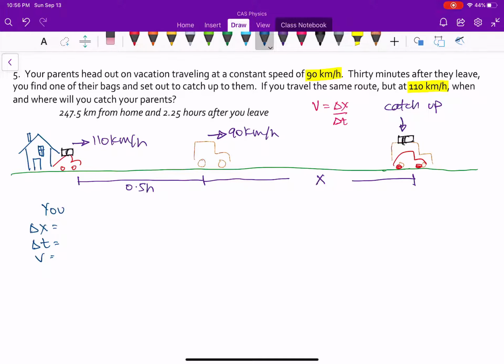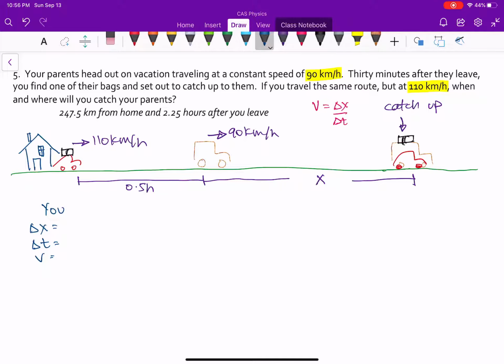If we start your problem at the instant you leave the house, then your parents have already traveled at 90 kilometers an hour for half an hour, right? So if you think about your parents, they're going 90 kilometers an hour for half an hour.